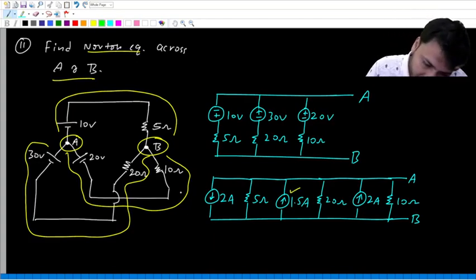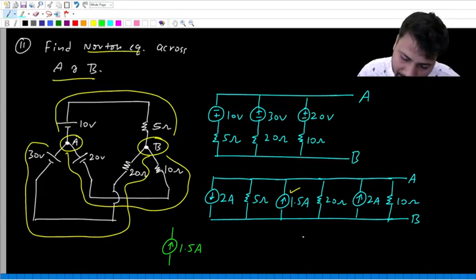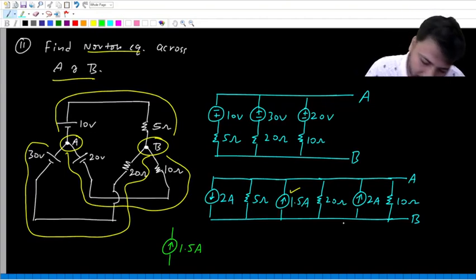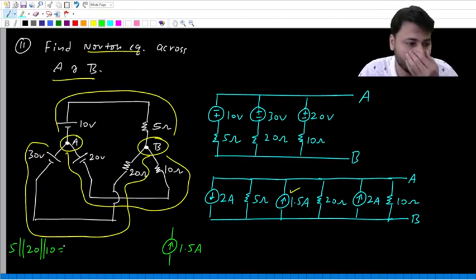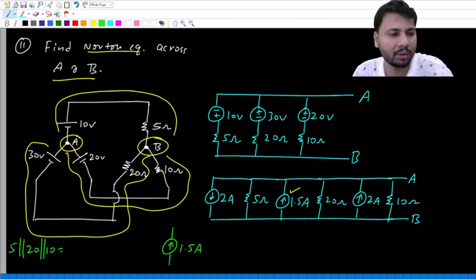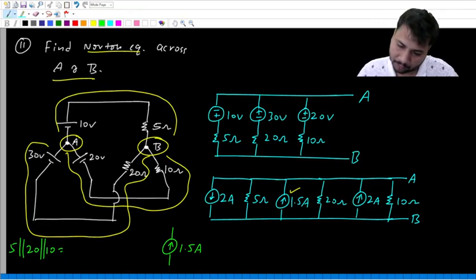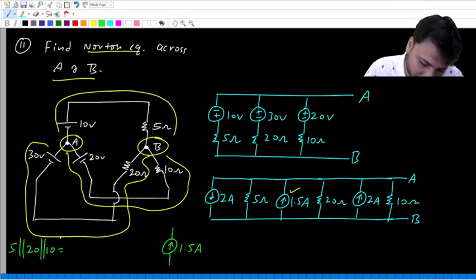So finally we get a single current source of value 1.5, and then in parallel with this we'll have 5 parallel 20 parallel 10. So what is 5 parallel 20 parallel 10? It will have some value, okay? So this is going to be Rn, okay? That's all.